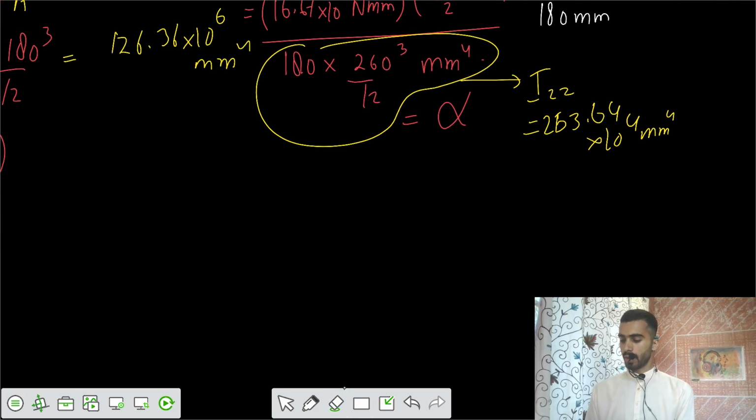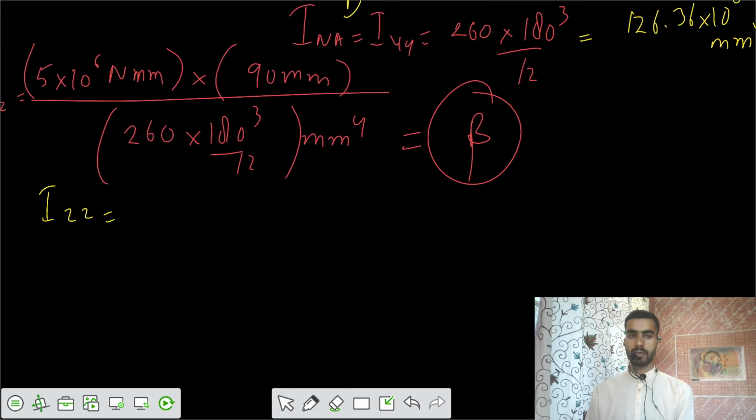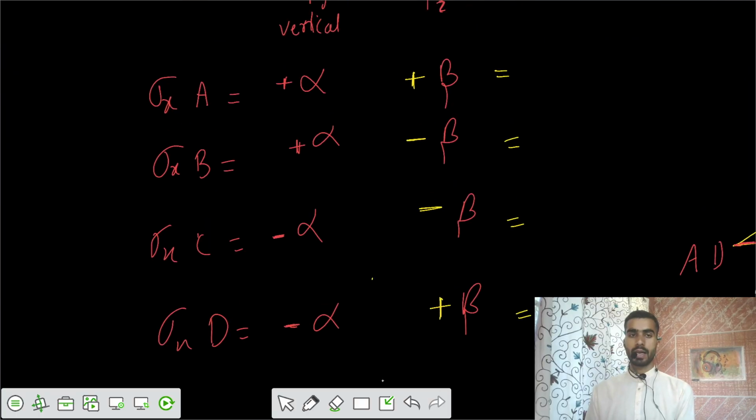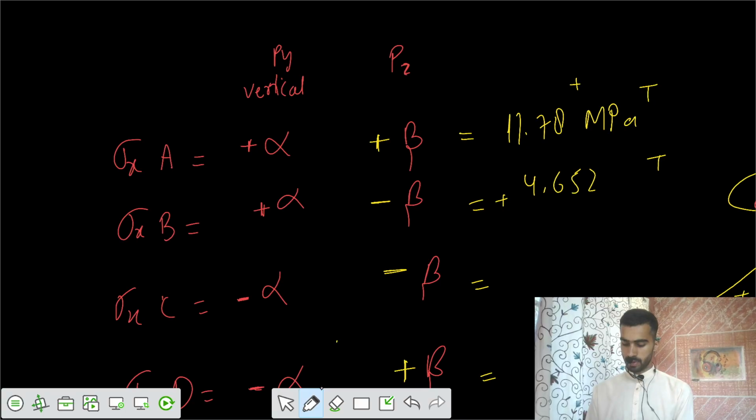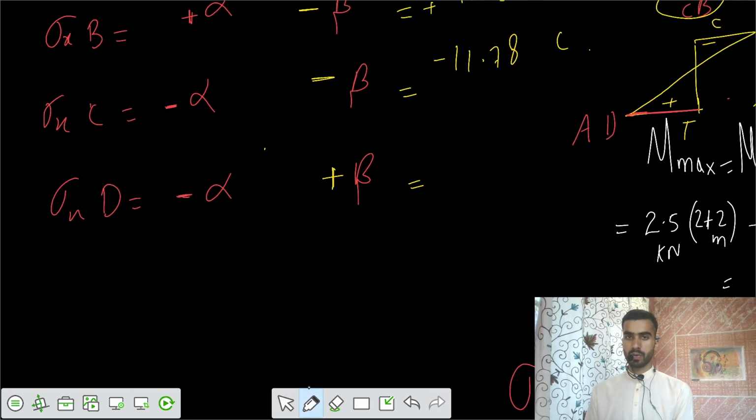So finally you got the values of stresses. Let's write the values of stresses. That means stress at A equals tensile stress of 11.78 megapascal, and for B you have 4.652 megapascal tensile, positive, and for C you have negative 11.78 compressive, and for D you also have compressive, minus 4.652.